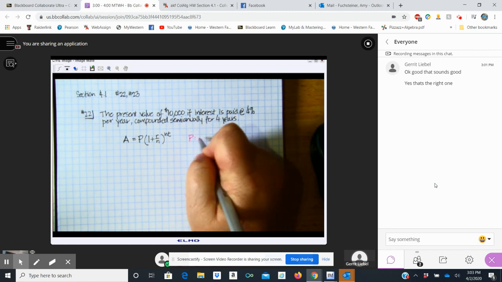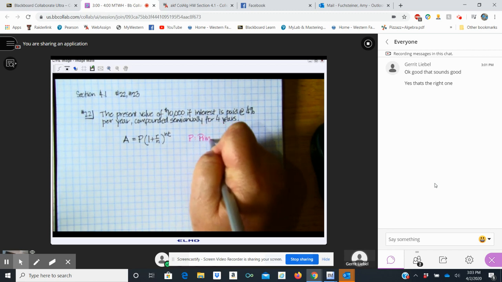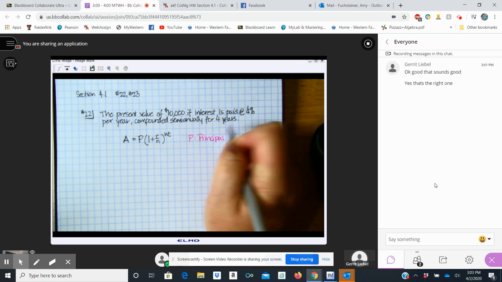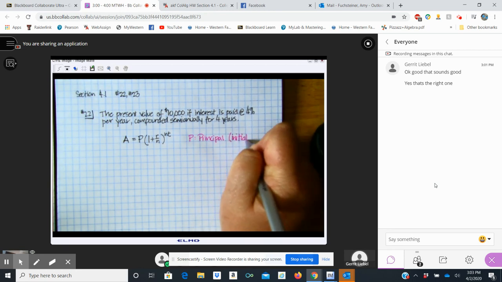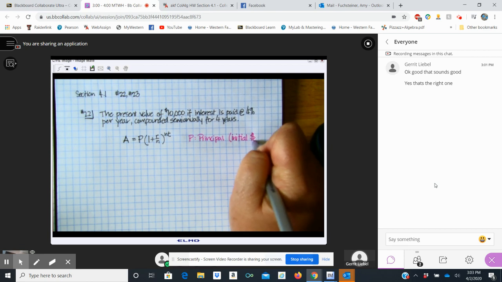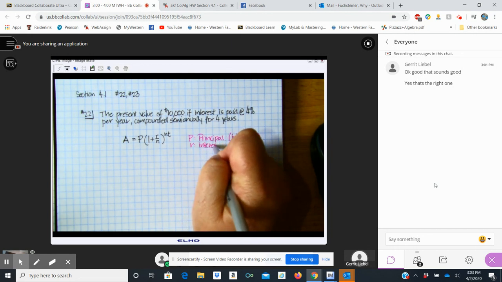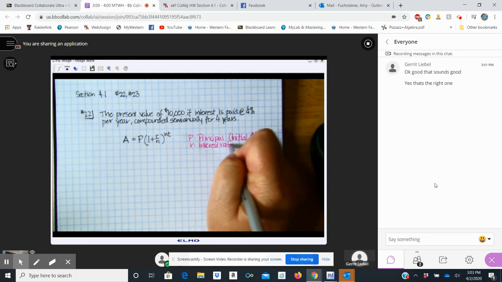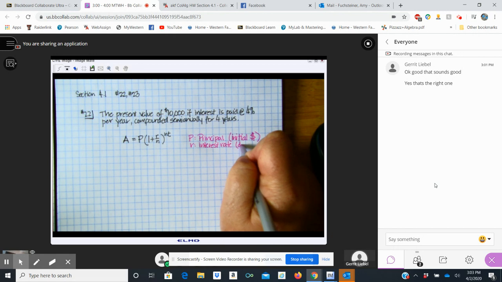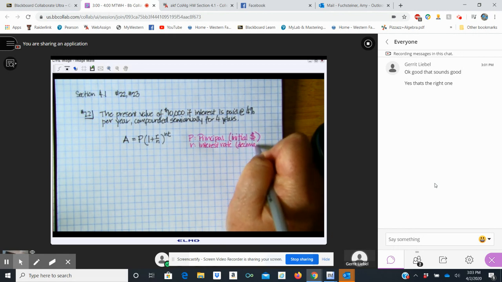Where P is your principal or initial investment, R is your interest rate, but we put it into the formula as a decimal.